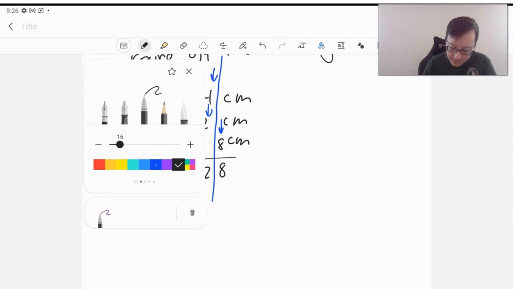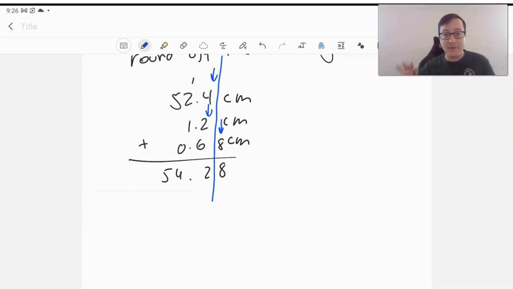And so when we round this number, we keep everything on the left, and we're going to round away everything on the right. And remember your rounding rules. If the number you're rounding away is 5 or higher, you're going to round up. If it is 4 or lower, you round down. And so this number, when rounded, becomes 54.3.